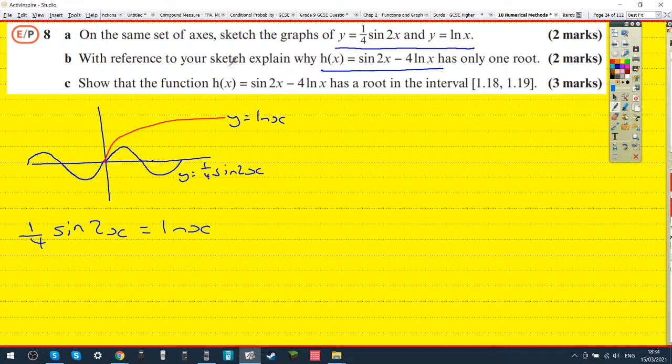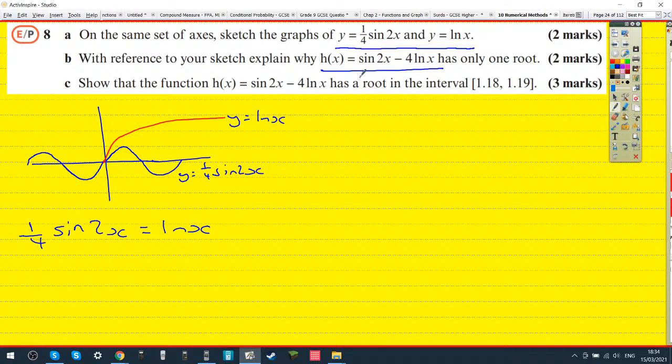Make it equal to 0. Wait, 4 ln x? Oh, yeah. I think they multiply. How would you make it look like there's one?